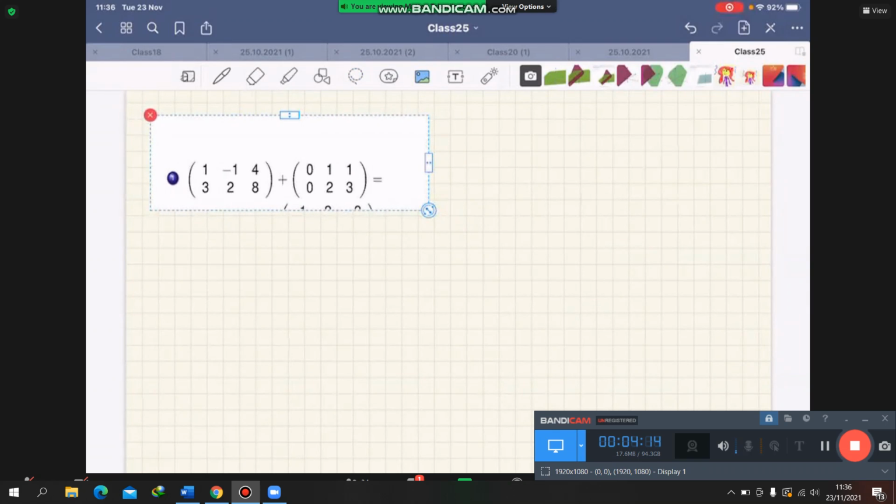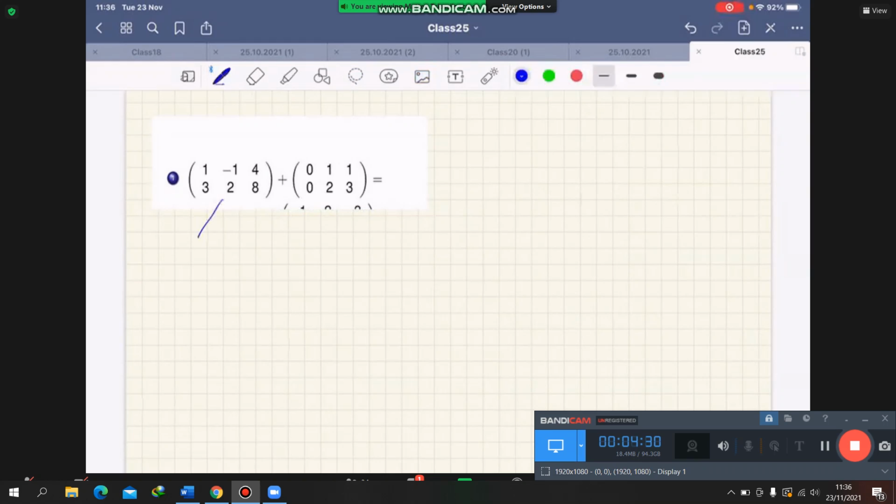Let's try to make some example. We are summing two matrices. The first one is 2 by 3, and the second one is 2 by 3. So we can sum them. It's extremely easy.